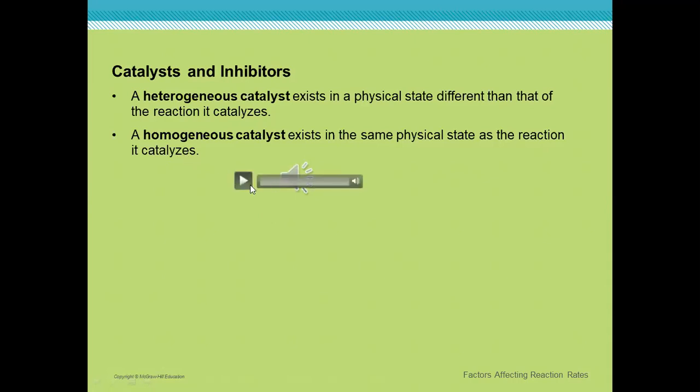Can you listen to it again? A heterogeneous catalyst exists in a physical state different than that of the reaction it catalyzes. A homogeneous catalyst exists in the same physical state as the reaction it catalyzes.